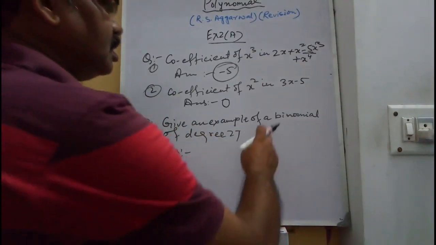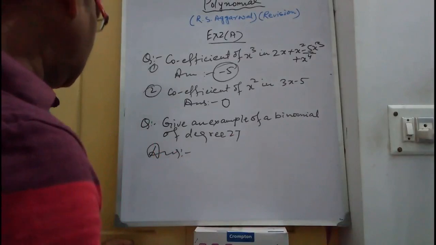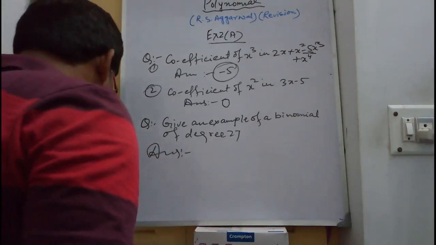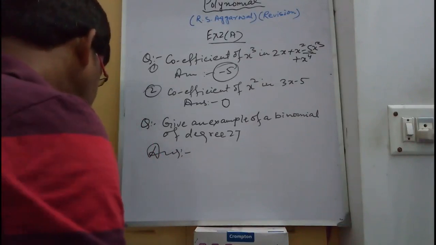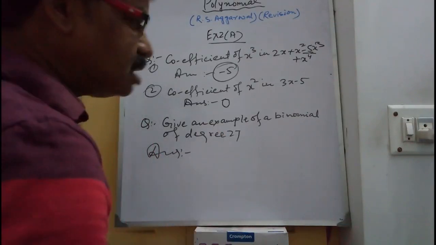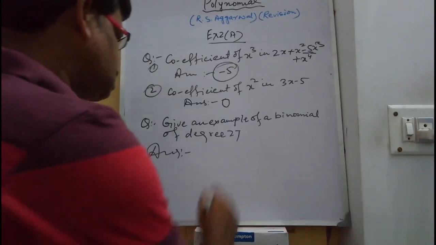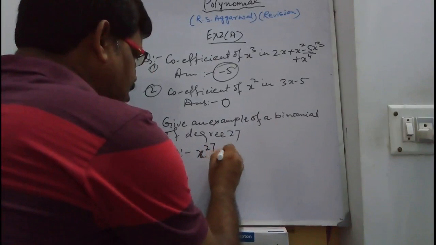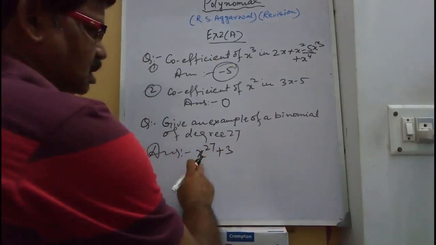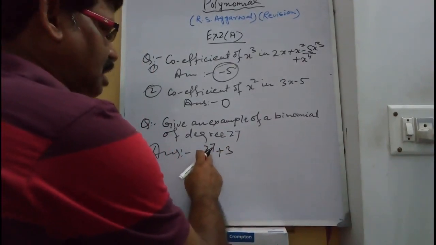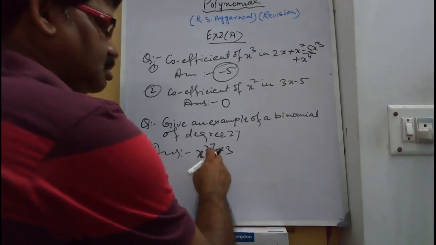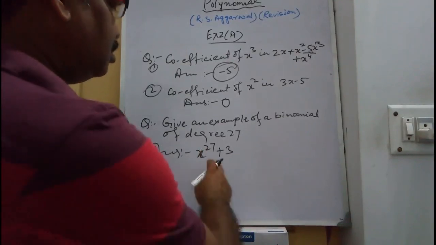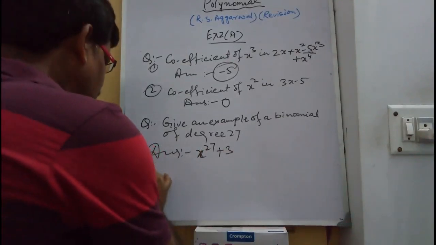So you have to write a binomial of degree 27. In case of binomial there are 2 terms. So x to the power 27 plus 3. You take any variable with power 27 with any term. So this becomes a binomial of degree 27.